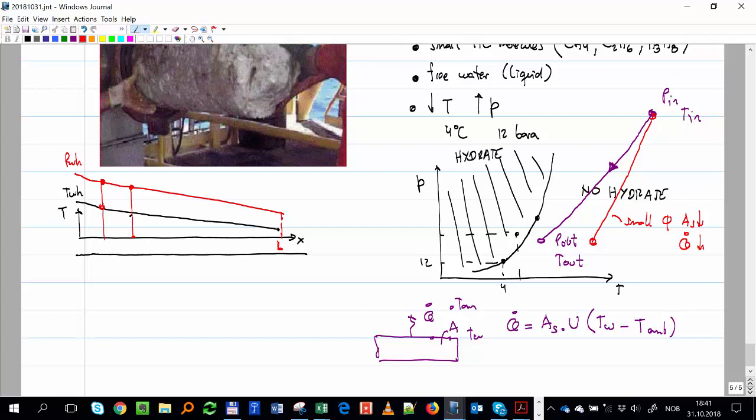Now if I use a big pipe, then I will have a lot of heat transfer, and then I might end up inside the hydrate formation region. Okay, so that's big diameter, big area, and then big heat, and then I might end up in the hydrate formation line.